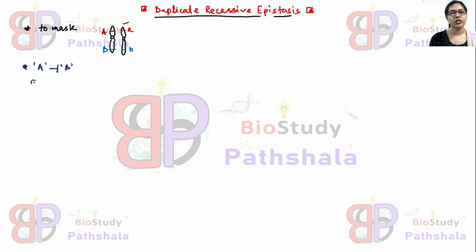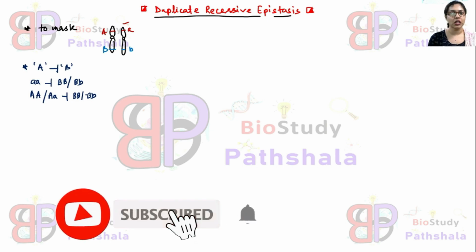In case of recessive epistasis, the homozygous recessive form of A gene masked the effect of the B gene's expression. And in case of dominant epistasis, the homozygous dominant condition of A gene or heterozygous condition of A gene masked the effect of the B gene's expression. So this was about the recessive epistasis and dominant epistasis.